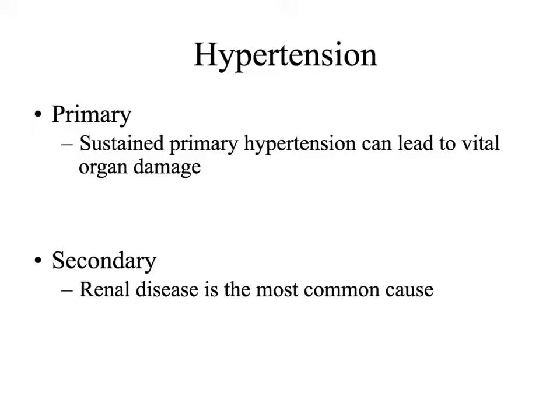So if there's any kind of a problem like Cushing's with the adrenals, that can cause a secondary hypertension. There's a few drugs that can also cause secondary hypertension: estrogen, glucocorticoids, cyclosporine, erythropoietin. Estrogen-containing oral contraceptives are also known to cause secondary hypertension in women.